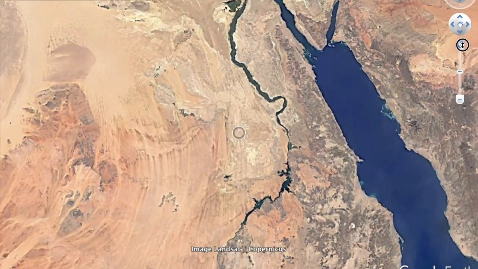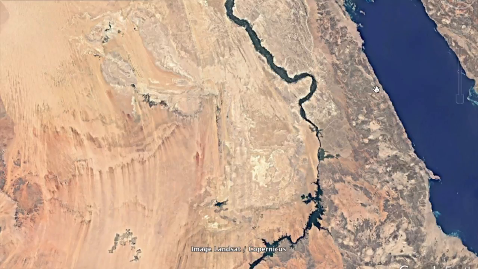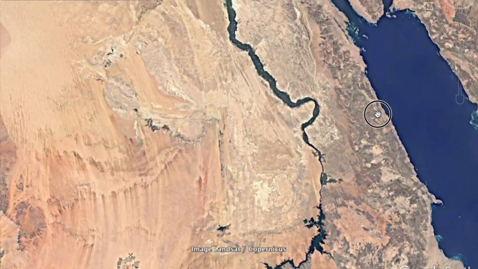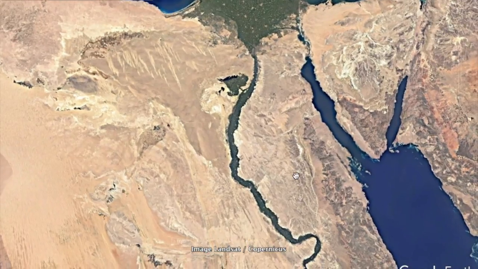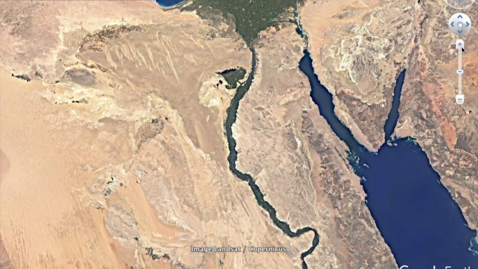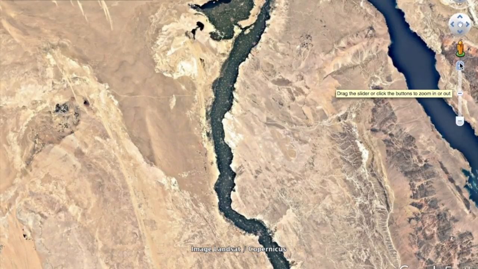So the Nile has basically flooded its banks many times over and over again, and it's deposited its sediments, and those sediments often include organic material, and that organic material is deposited on both sides of the river, and it makes this area extremely fertile.